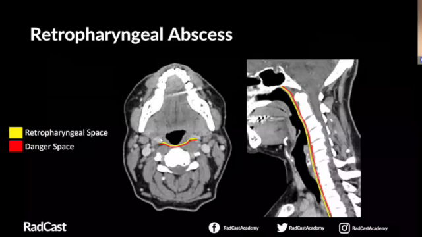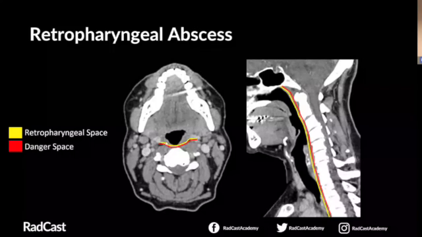The retropharyngeal space is a space that you're wary of in head and neck infections, because, as you probably know, it's a route that infection can spread down into the mediastinum. It's not actually the retropharyngeal space that the infection descends through into the mediastinum. It's the danger space, which is immediately posterior to it.